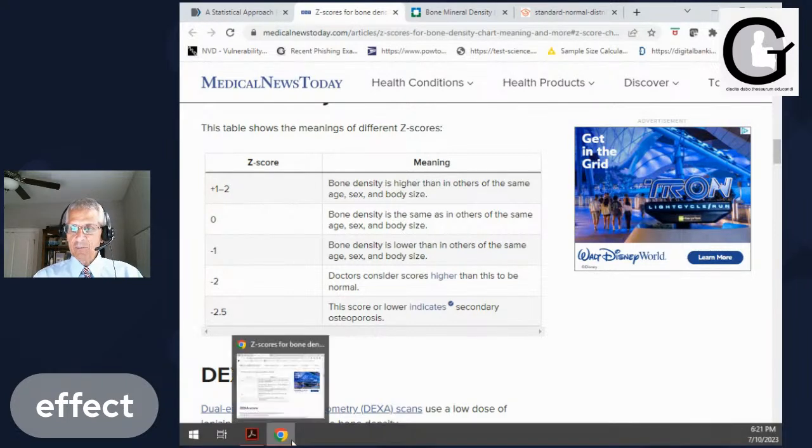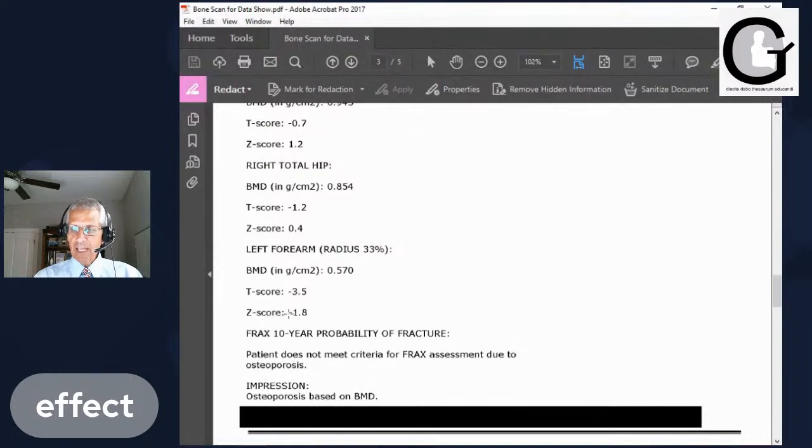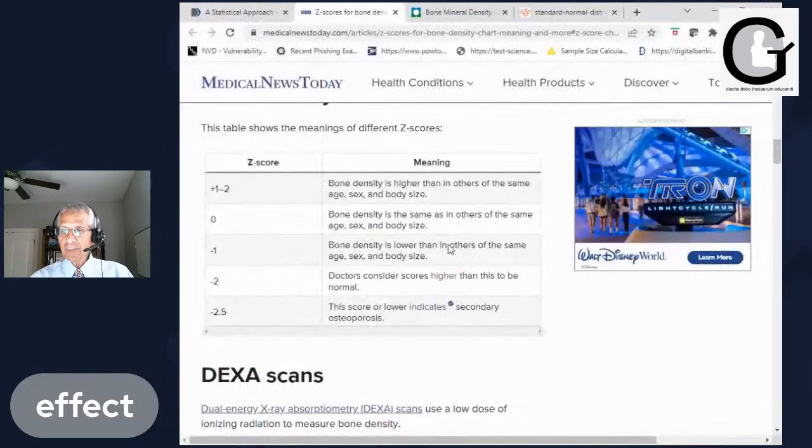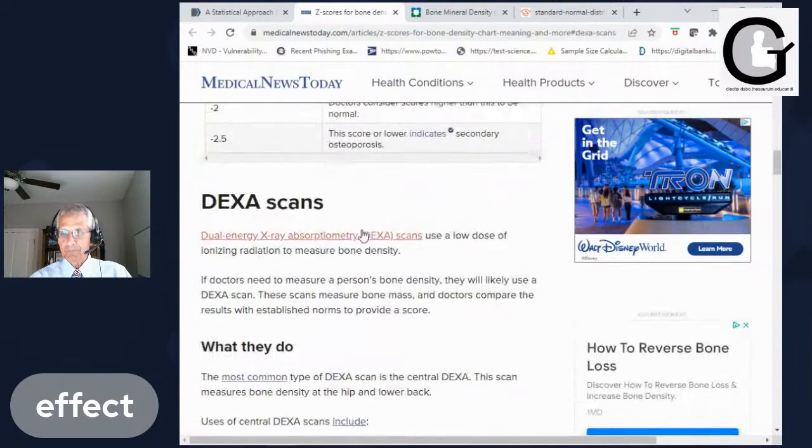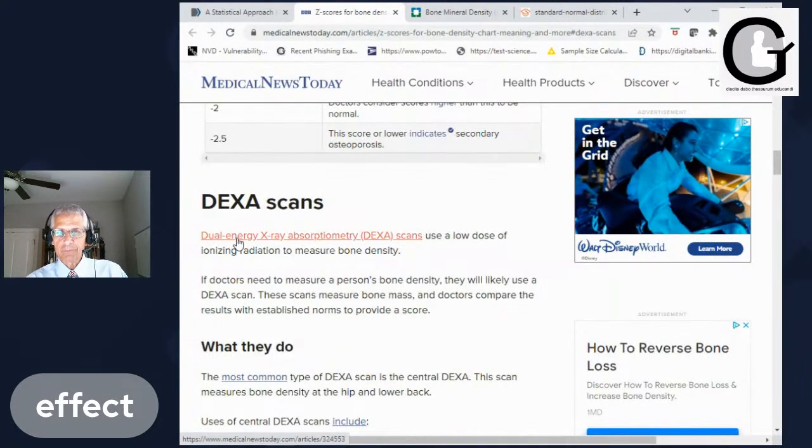Negative 1.8 means that even though this individual has a negative 3.5 t-score, which shows osteoporosis, the z-score, which compares their bone density against others of their age and of their sex, and whatever else, is negative 1.8, which according to the WHO means that it's actually okay. It's actually okay. So that's what happens here. It's like, whoa, what's going on there? Dual energy.